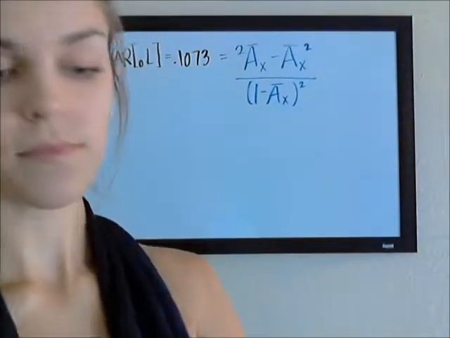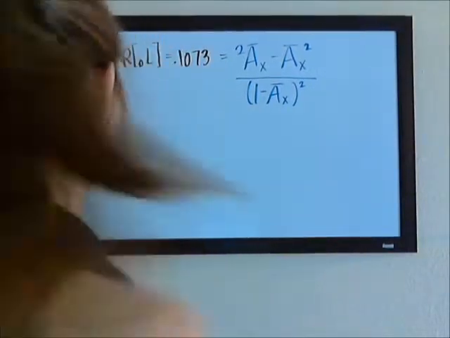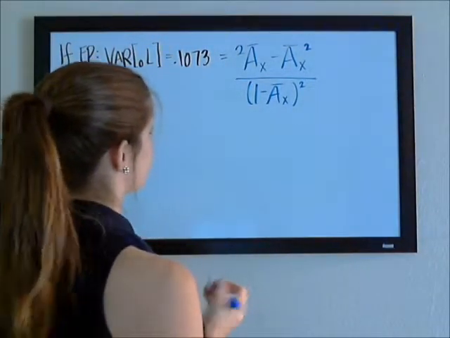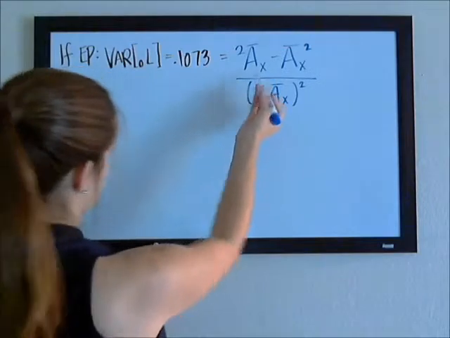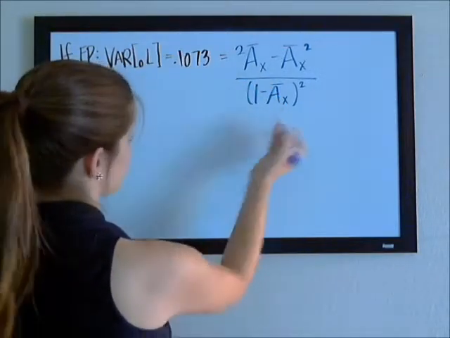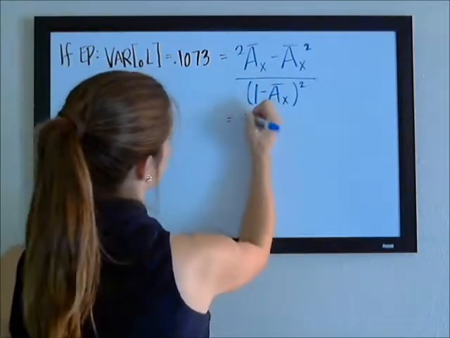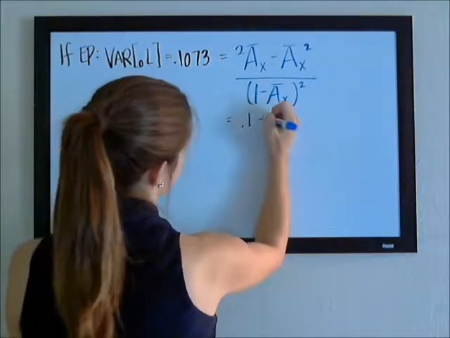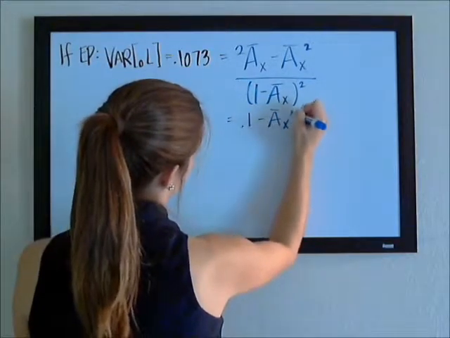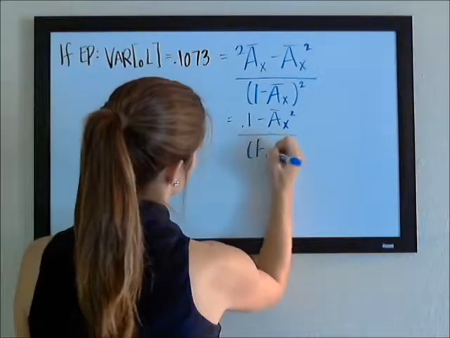But assuming you've gotten this far, they give us that the second moment is 0.1, so I can plug in 0.1 and then just solve for the actuarial present value of my whole life insurance.